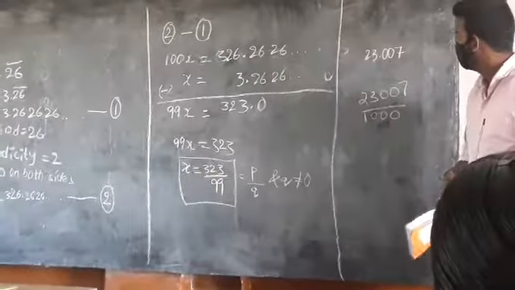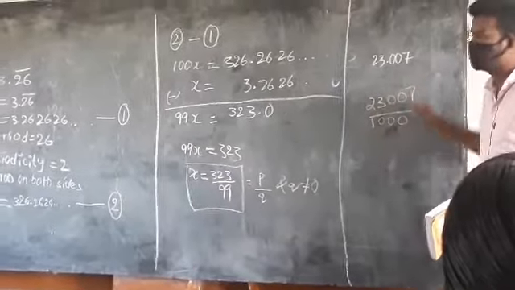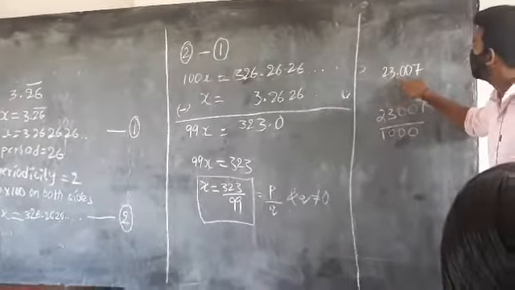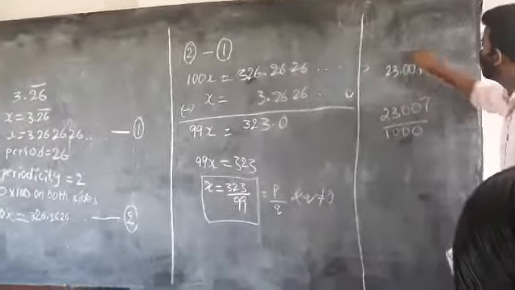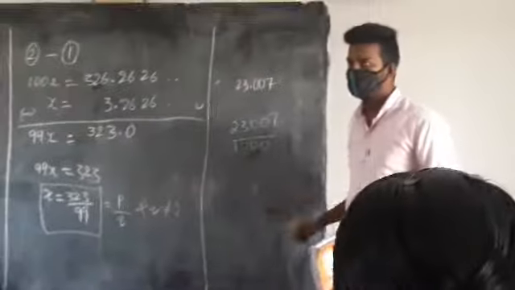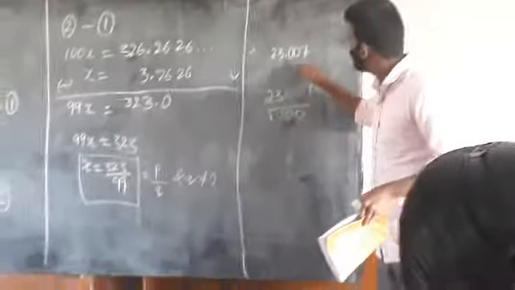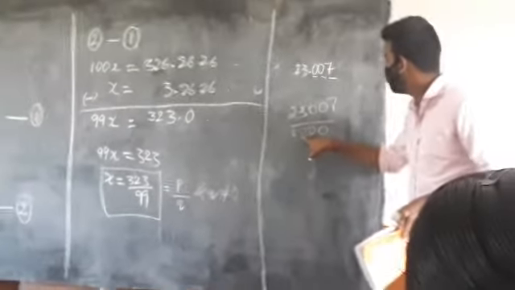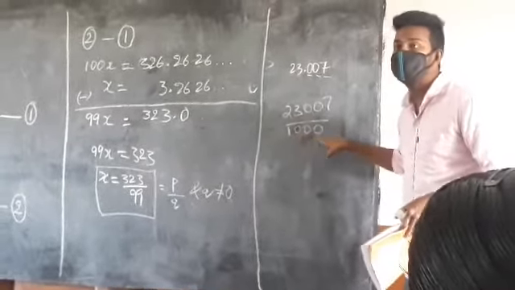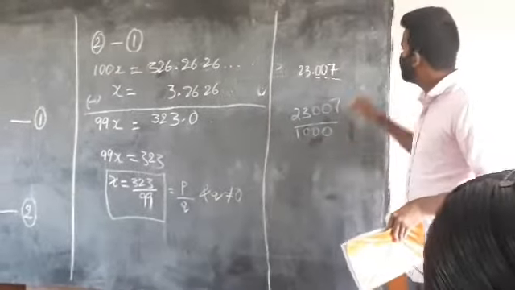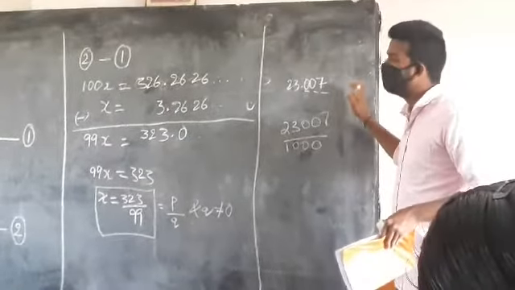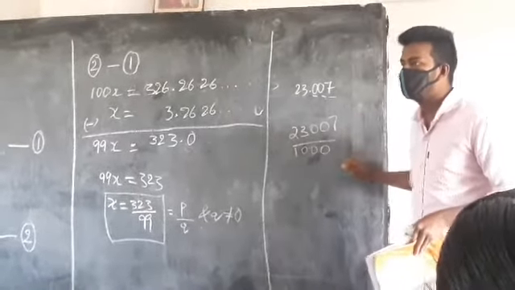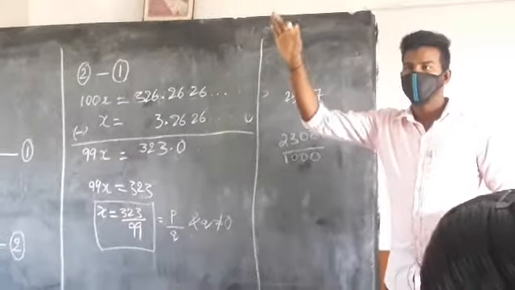So, 23.007: he has directly neglected the decimal and written the normal number as the numerator. According to the number of decimal places, he has added zeros in the denominator. That is how we represent any terminating decimal in rational form. Are you all clear? You can do it easily.